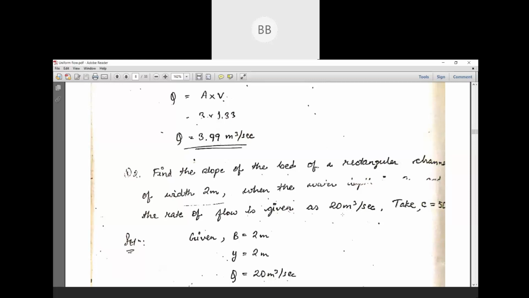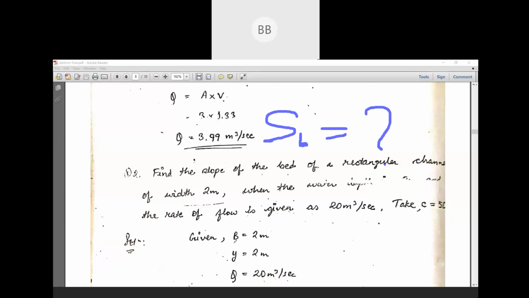Rate of flow is nothing but your discharge. So we need to find out the bed slope.